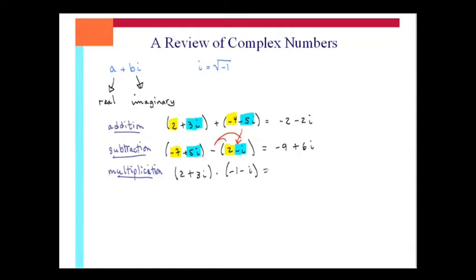The acronym FOIL helps us remember to multiply the first, the outsides, the insides, and the lasts. And that works here with binomials and complex numbers. Those are the two first terms, so our result would be -2. The outside terms multiplied would result in -2i. Remember, this number here is a -1, and we need to include it in our multiplication.